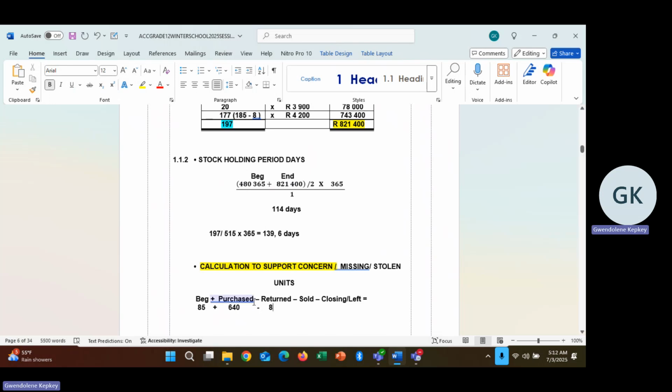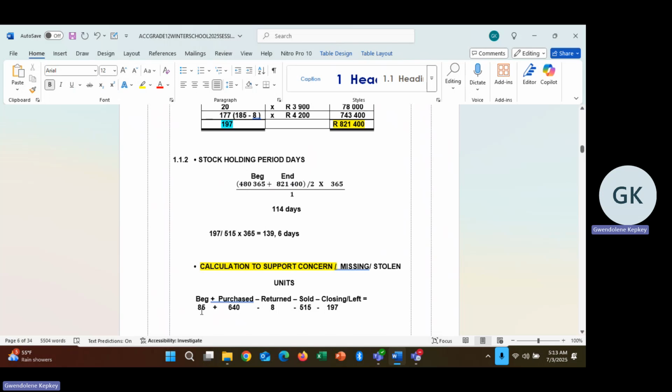If you can recall grade 12s, the number of items that we've sold, we're also going to deduct. I've touched on it a number of times now. We sold in total 515 items. And then we have left, or my closing stock is a total of 197 items.